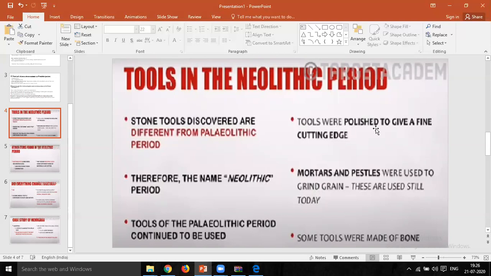The tools were being polished to give a fine cutting edge. Mortars and pestles were also used, which are being used in today's world also. And those tools were also made of bone. So these were the points that we saw in yesterday's lecture.